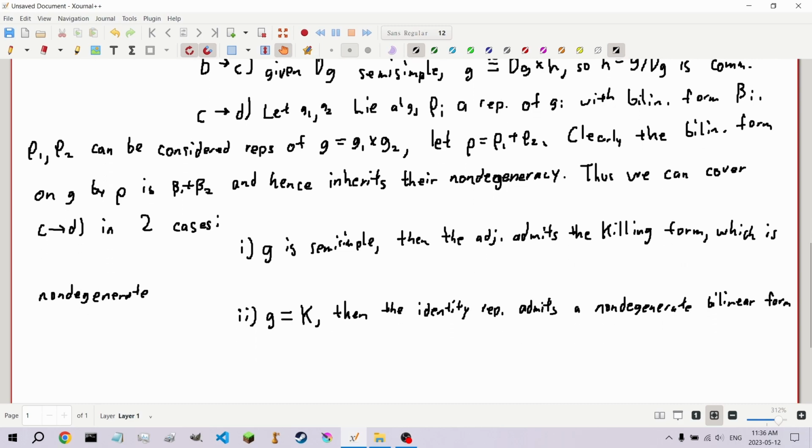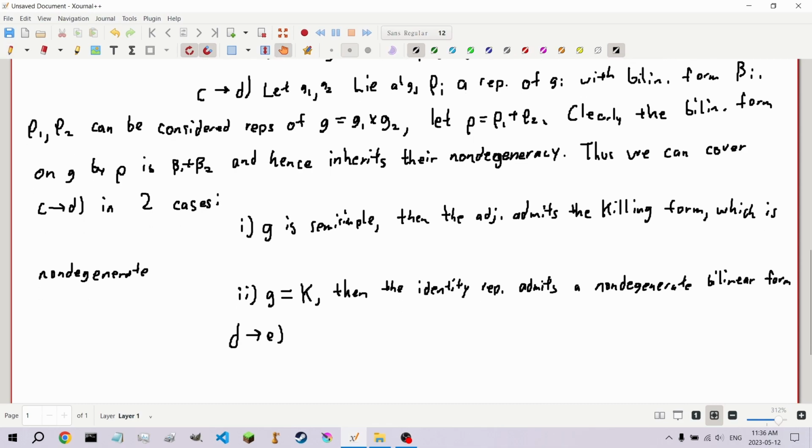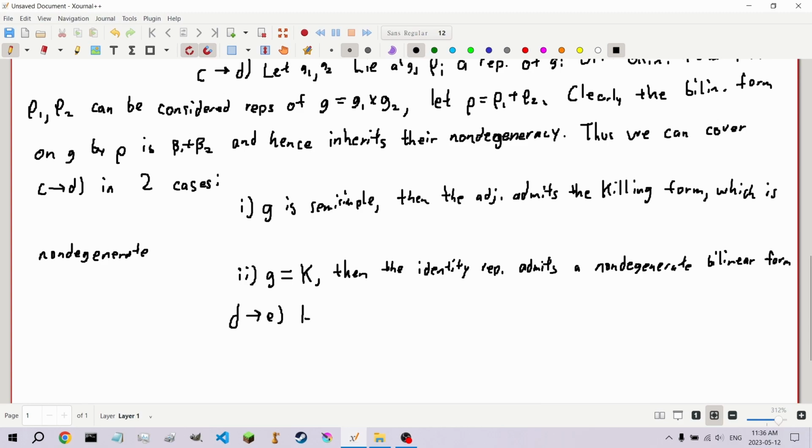Now, next up is D to E, which states that if G has a finite dimensional representation with a non-degenerate bilinear form, then it has a faithful semi-simple finite dimensional representation. So we're going to let rho be a finite dimensional representation of G with bilinear form beta.